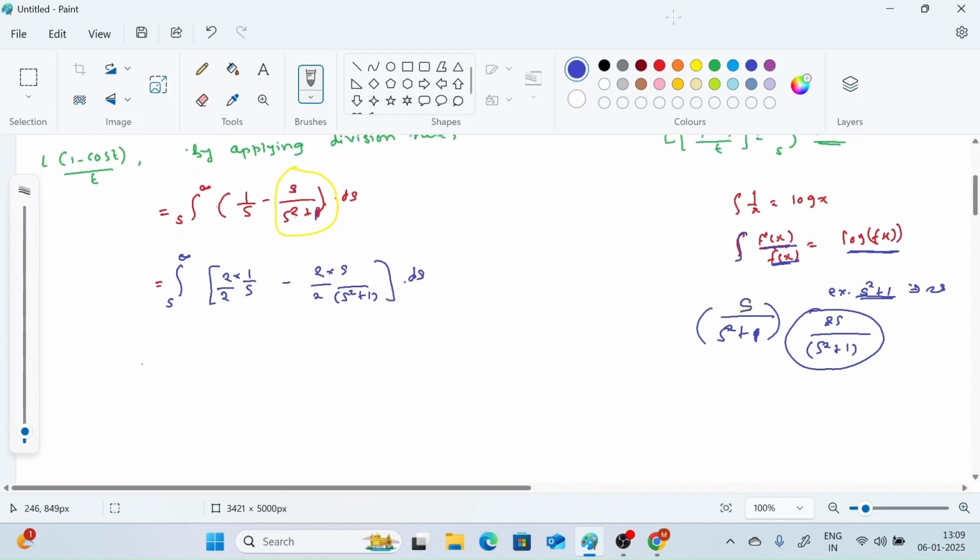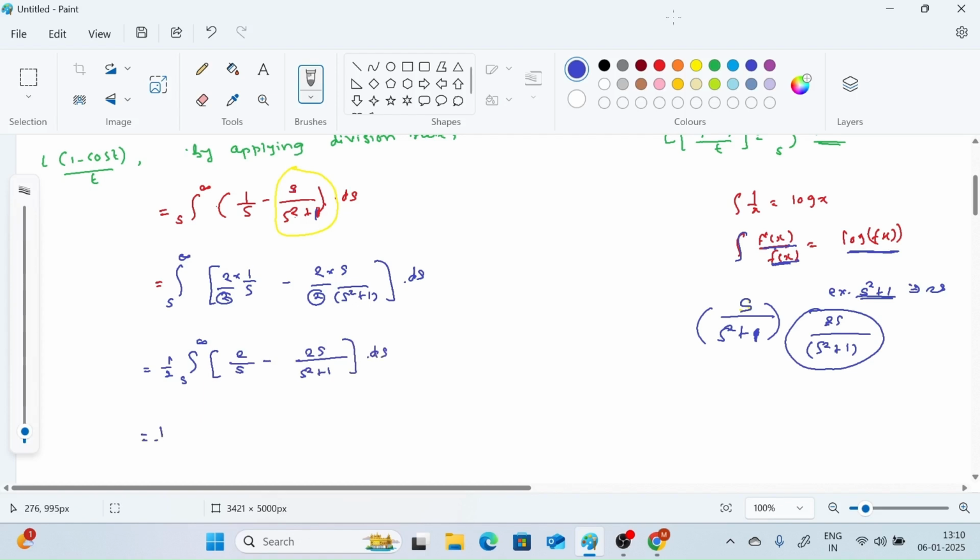For further simplification, I can take 1 by 2 common: 1 by 2 integration from s to infinity of (2 upon s minus 2s upon s square plus 1) ds.